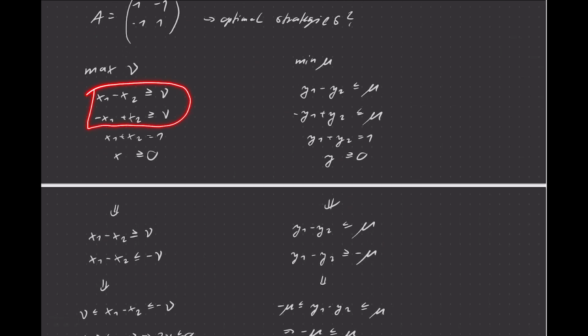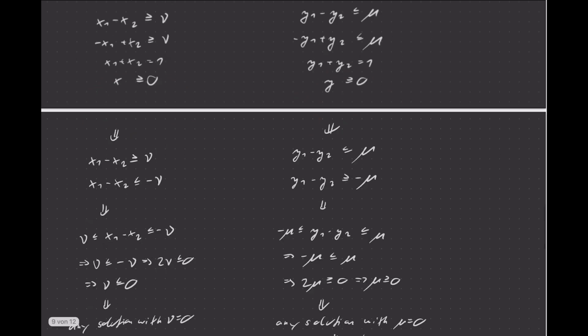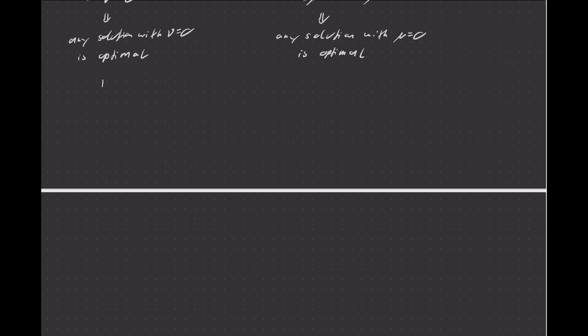If you look back at the original, and now if we substitute 0 for nu and for mu, what we get are the inequalities x1 minus x2 is greater or equal to 0, and minus x1 plus x2 is also greater or equal to 0. And here we get y1 minus y2 is less or equal to 0, and minus y1 plus y2 is less or equal to 0.